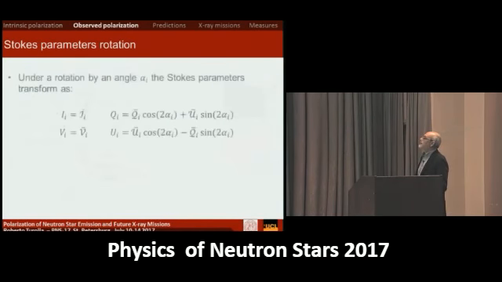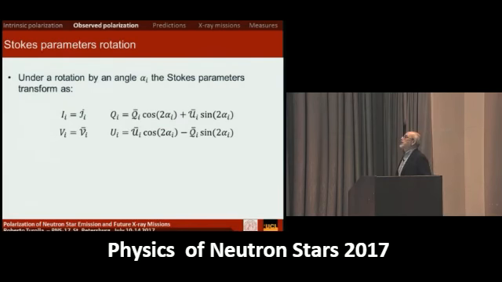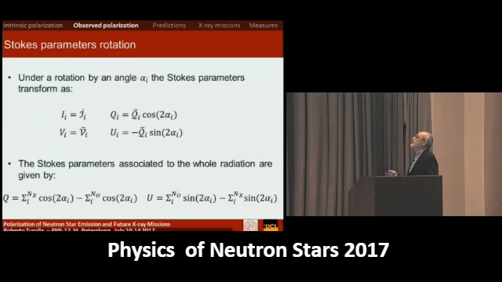So these are just the very simple formulas which relate the Stokes parameters in different frames, which describe the rotation of the Stokes parameters. In our case, they simplify to this form, because for X and O photons, only Q is different from 0, which is either +1 or -1.